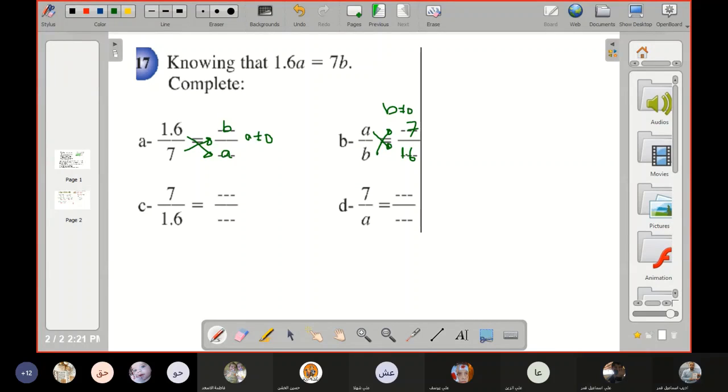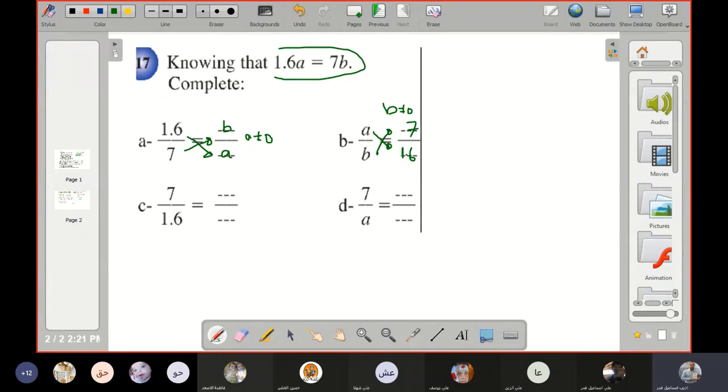Part C. 7 over 1.6 equals something. But after cross multiplication I should get this.